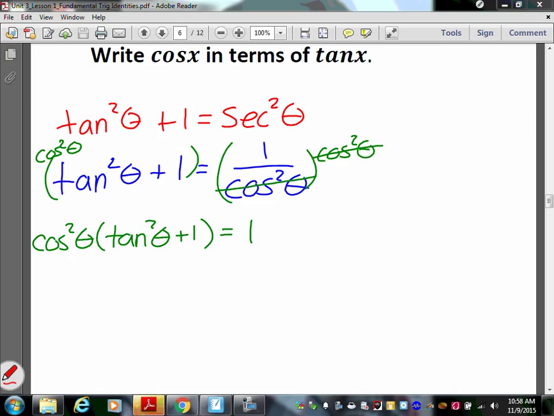So I have cosine squared times this stuff in parentheses, so I can divide both sides by everything that's in the parentheses.